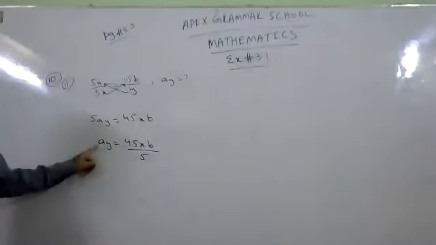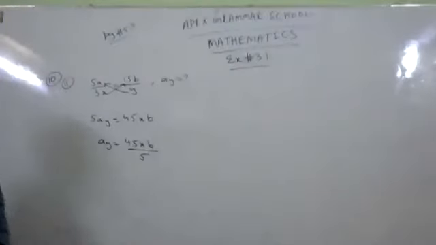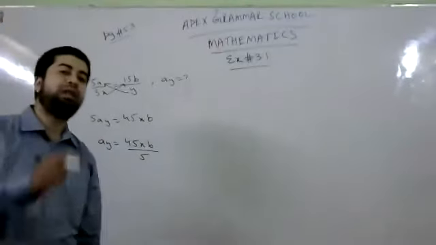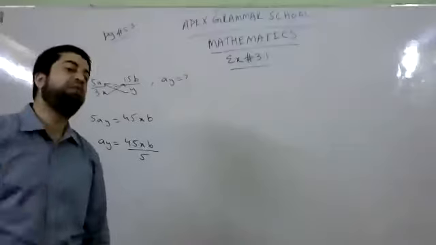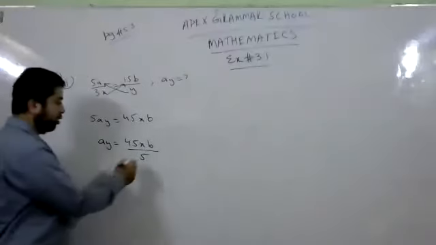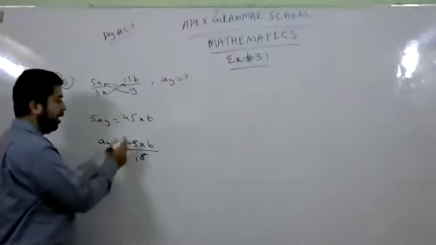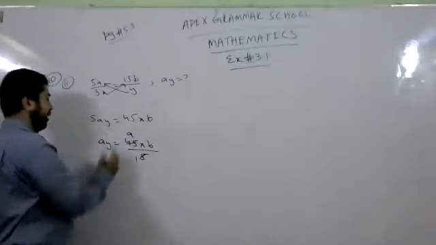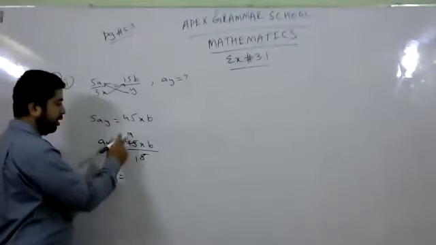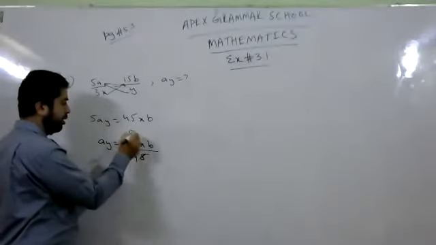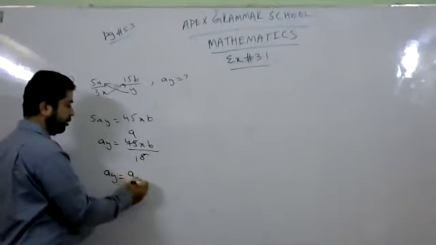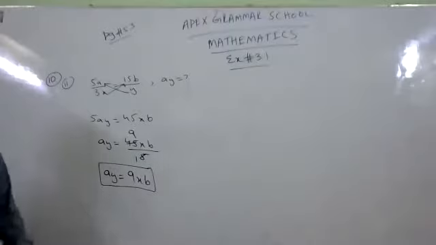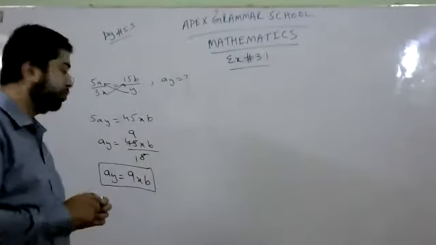Luckily we have ay already present here. If it were not present, then in the last step we would need to multiply both sides by a. 5 nines are 45. So the value of ay is 9xb. That's it. This is part number 2.